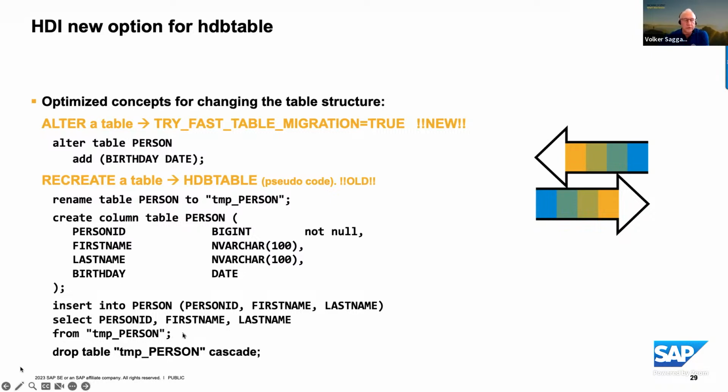This is so much more expensive that you would rather have it this way. And this is a compatible change because we just add a new column. If you have a not null column, a mandatory column, you should add a default value. Then it's again compatible, and you can go ahead.